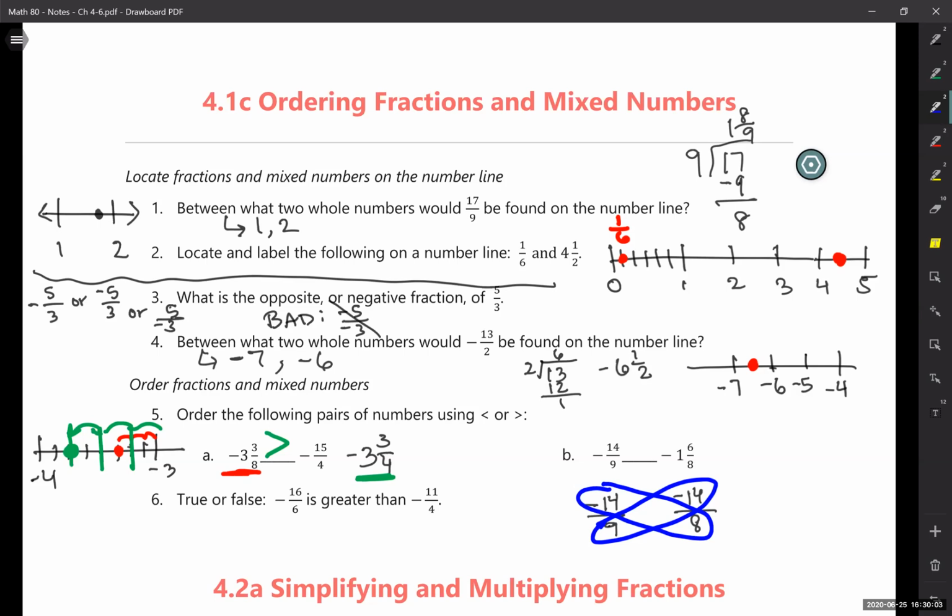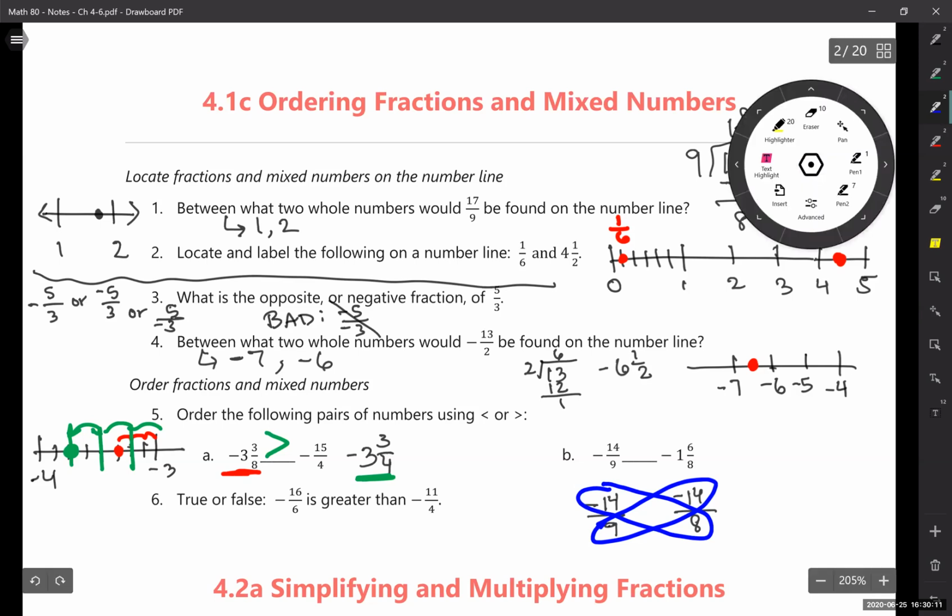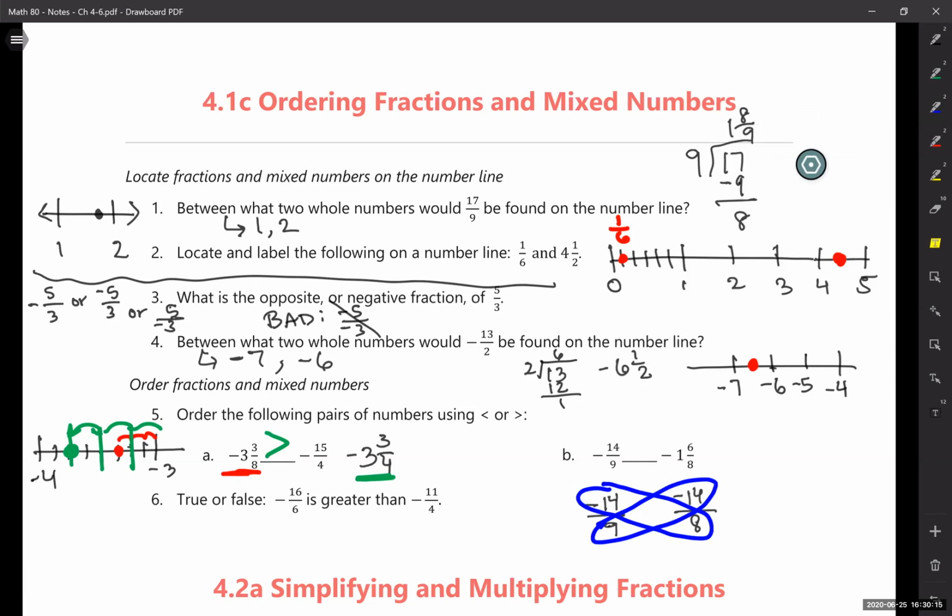So for these little butterfly wings, we need to multiply. Negative 14 times 8 is negative 112. Since that was where the 14 and the 8 were, that's going to go right on top. It has to go on top. That's important. And then the other one was negative 14 times 9, which is negative 126.